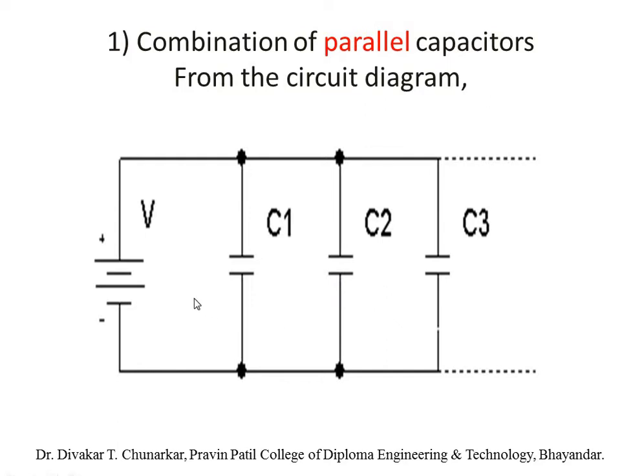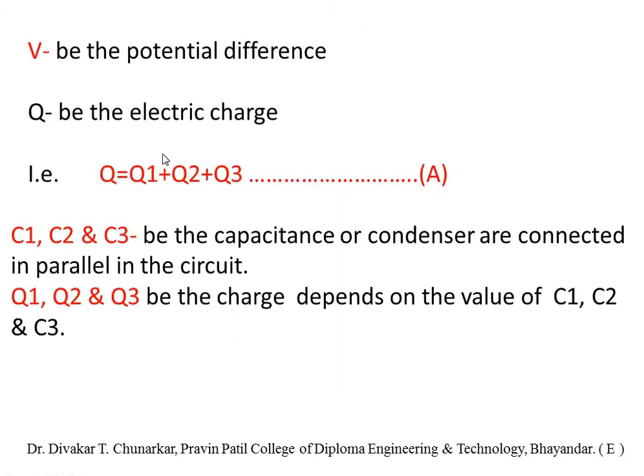V is the potential difference, Q is the electric charge, and Q equal to Q1 plus Q2 plus Q3. Total electric charge depends on the capacitance, keep that in mind.